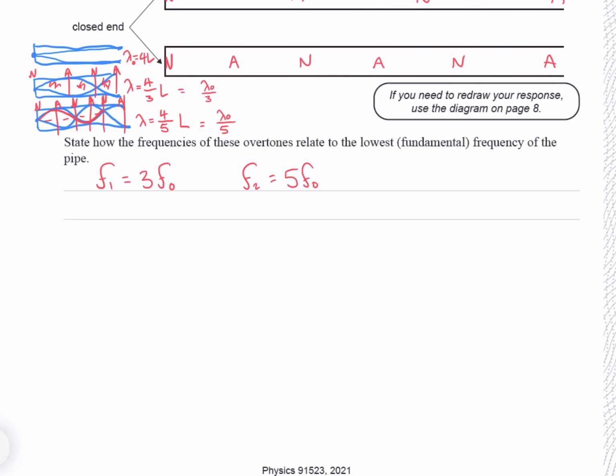We have our fundamental frequency, then the next frequency that's resonating is 3 times our fundamental. The second overtone is 5 times our fundamental. And that continues. We would have 7 times the fundamental, but what we wouldn't have is 2 times the fundamental and 4 times the fundamental. These cannot exist in a closed pipe.